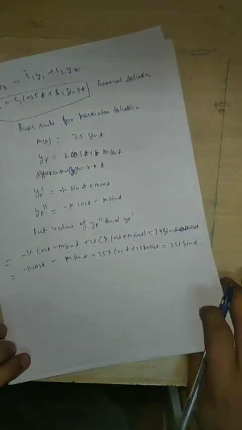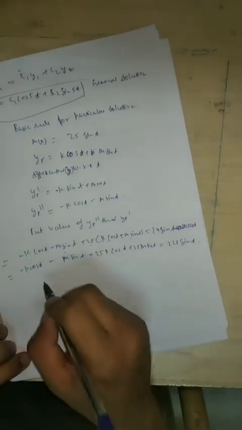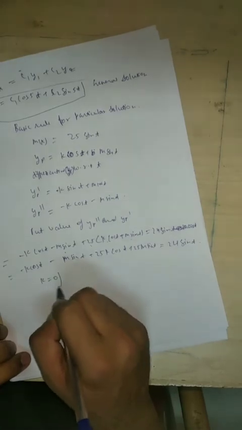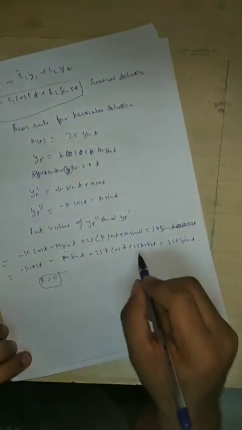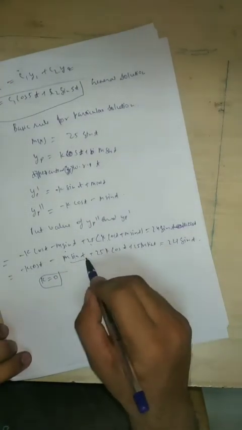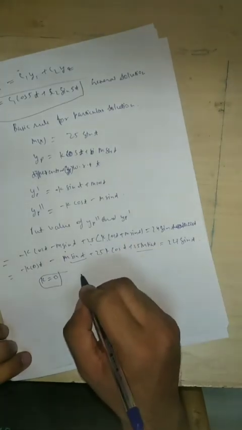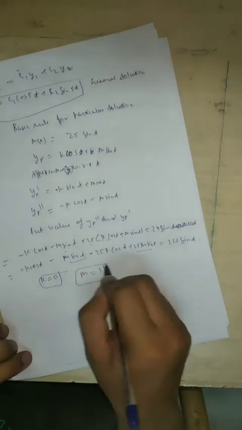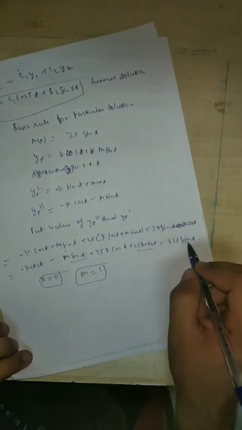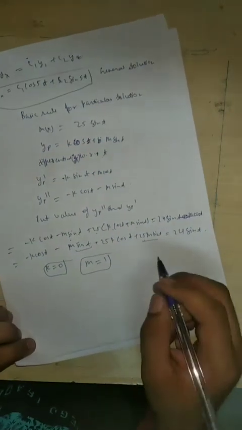This gives 24 k cos t plus 24 m sin t is equal to 24 sin t. Here there is no cos term, so k will come out to be 0, and m is 1.